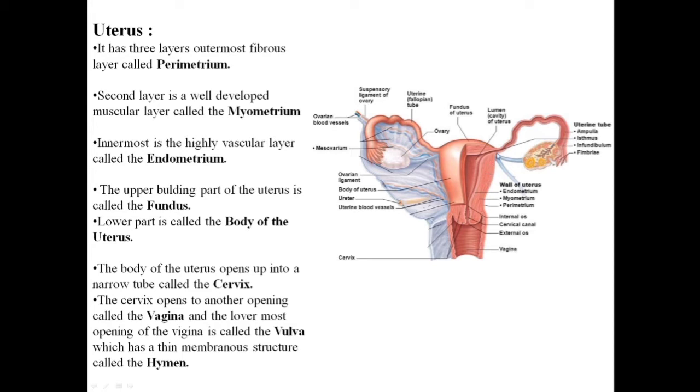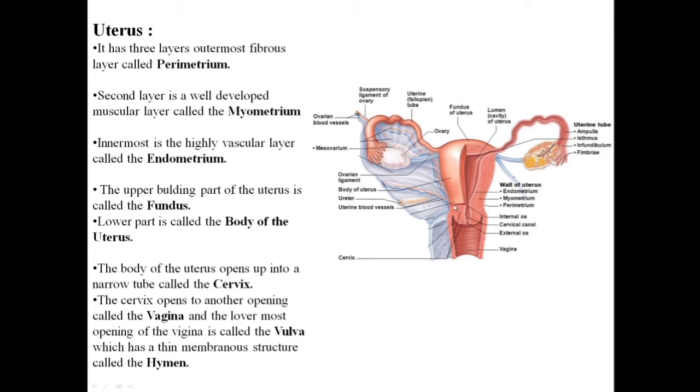Inner to the myometrium, there is one layer which is highly vascular and has a number of folds. This inner layer is known as the endometrium. The upper bulging part of the uterus is called the fundus of the uterus, or the fundic part, and this lower part is known as the body of the uterus.